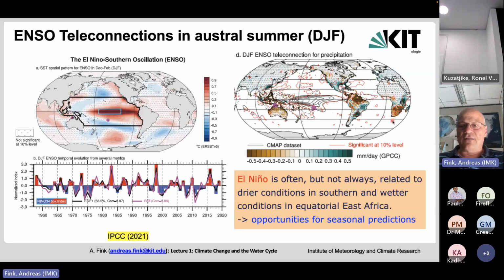Southern Africa tends to have significantly drier conditions during a typical El Nino. Of course, this gives a possibility of seasonal forecasts. The problem is that there are other actors than El Nino, and so not every El Nino has the same response over Southern Africa. But a probabilistic forecast, I'm pretty sure, for the next rainy season in your region will likely be below average.